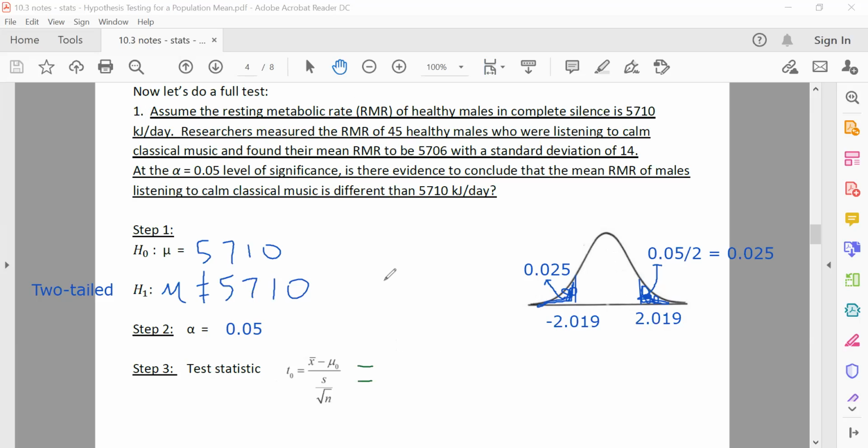So the test statistic is going to be, well, the sample had a mean of 5706. The hypothesized value is 5710, so we're going to have a negative number on top, over the standard deviation of 14 over the square root of 45. This is going to be our test statistic calculation.